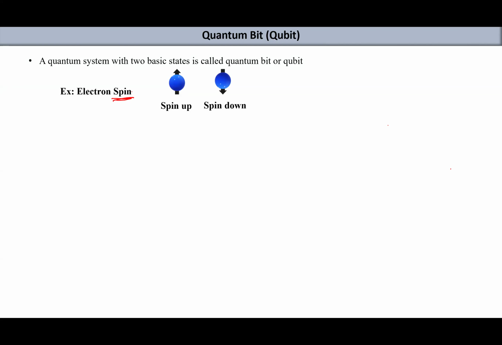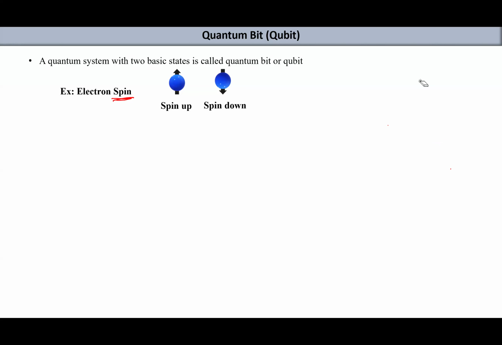For example, in superconducting, I will tell you that the phase is going to be used as the 2 states. Even in photonics, a 2 path, let us say a photon is going through this tube or this tube. This also can be used as the 2 levels to define the qubits.